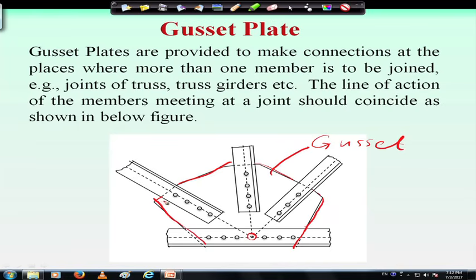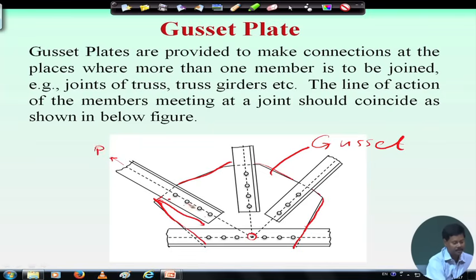Say for this case we see 4 bolts. The length of the gusset plate in this direction we have to decide on the basis of the number of bolts, and the number of bolts is decided on the basis of the nominal diameter of the bolt and the magnitude of the force exerted in this member, that means tensile force.